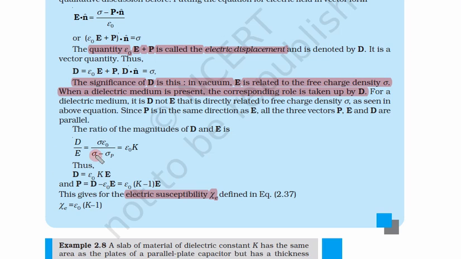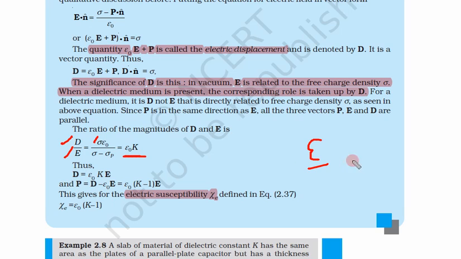Now the ratio of D and E. So D is simply sigma epsilon naught upon sigma minus sigma P. How did we calculate this? Because D is now only sigma and E was sigma minus sigma P upon epsilon naught. So this D by E is epsilon naught K. Again, if you see, this is epsilon.